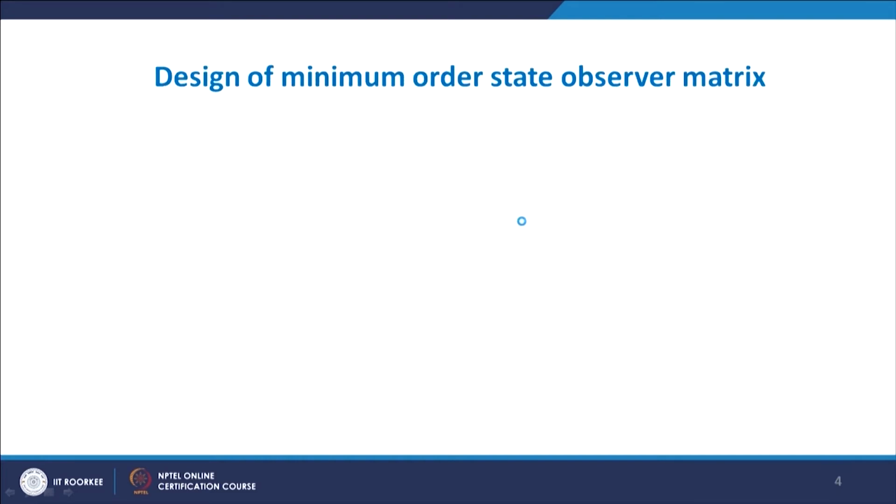Now, we will see how to design this minimum order state observer matrix. Here there are some states which we keep as they are, that is the states which we have already measured, and the states which can't be measured, only those are to be estimated.